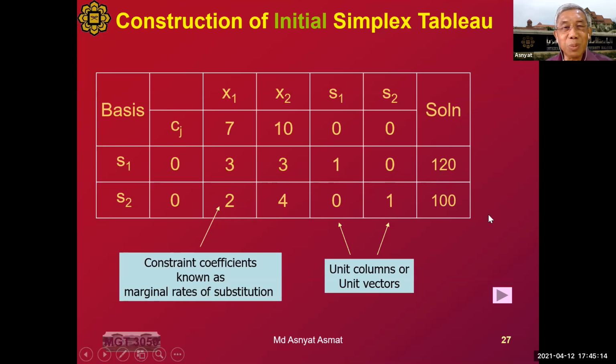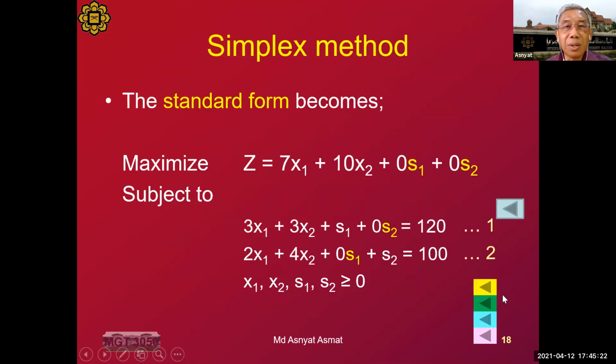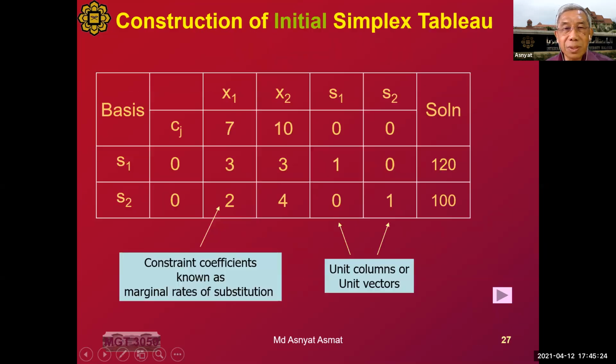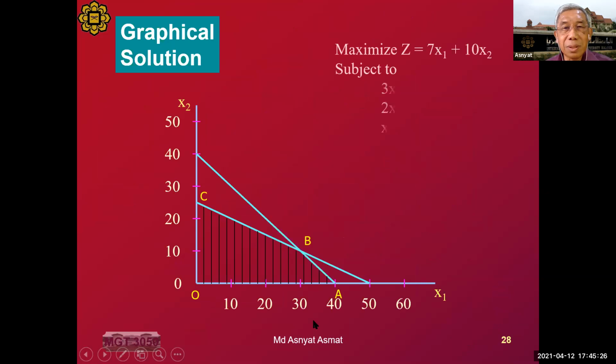Okay, is it the best solution? I don't know. So now, what does it say here? The same thing. Look back at the graph. If we look at the graph, we are actually at this point. X1 is 0, X2 is 0.